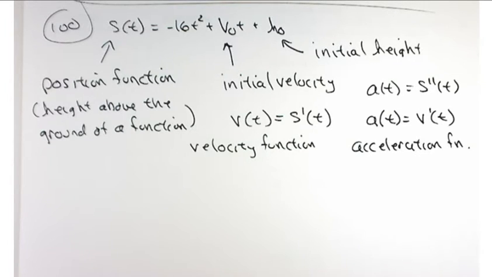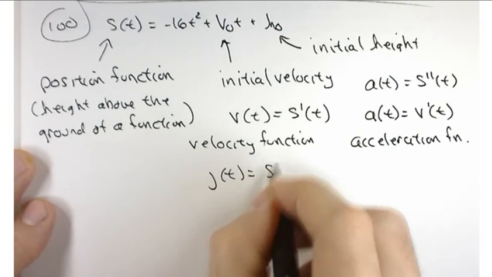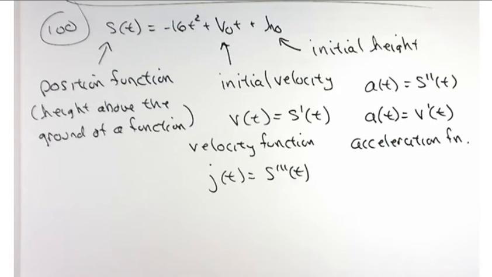If you look at the rate of change of your acceleration, when you change your acceleration, you're jerking. So if you want to insult somebody in a really highbrow way, you can call them a third derivative, because really you're calling them a jerk. The jerk function, j of t, is s triple prime of t. So just make sure the person you're insulting doesn't know calculus.